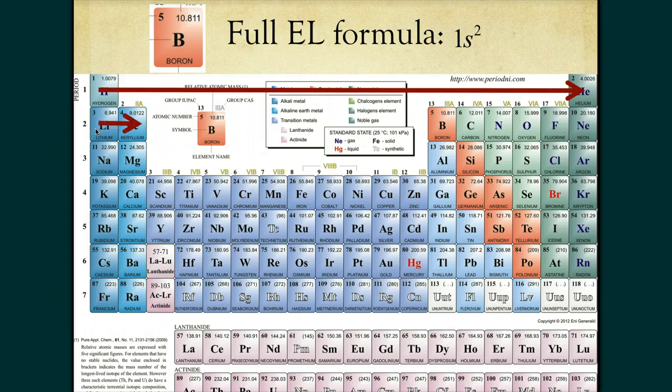Then I'm going through 2, and I go s1 and s2. They're all taken, and then boom, I run into boron. And this is my 2p level right here, and it's only 1 electron left over. And the way you can always check yourself, you need to look at the number of electrons that you wrote out. So you have 2 plus 2 is 4, and another one is 5, and that is exactly the number of protons, and hence the number of electrons that boron has.